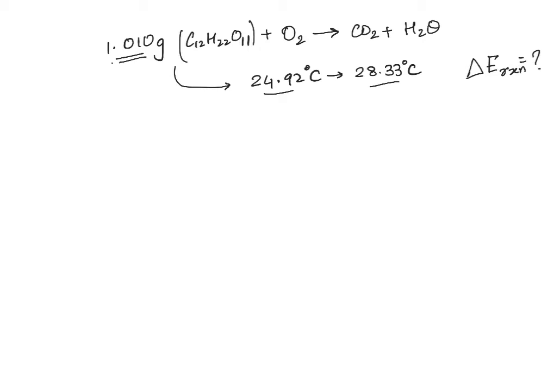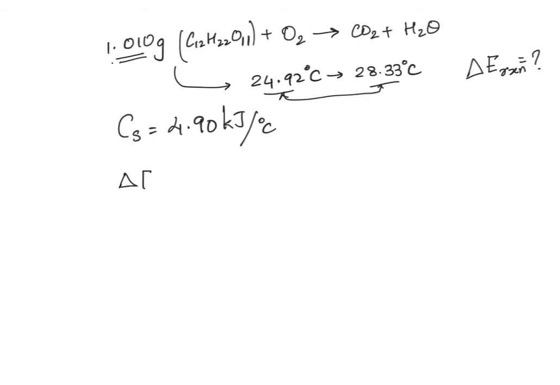Now, the heat capacity of the bomb calorimeter is 4.90 kilojoules per Celsius, and this is information given to you. Then what is the change in temperature, delta T? You can calculate it from here.